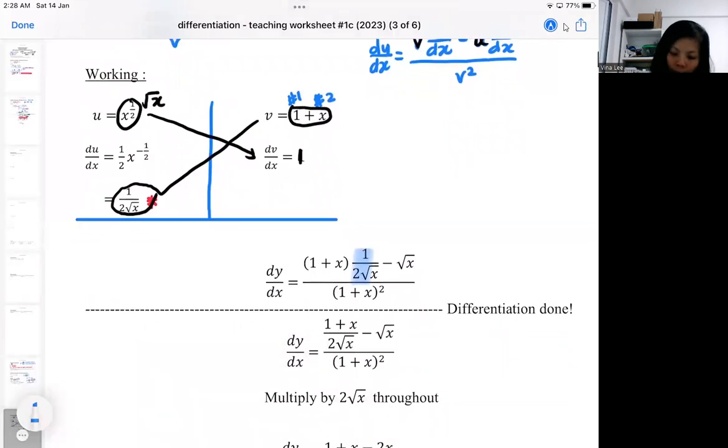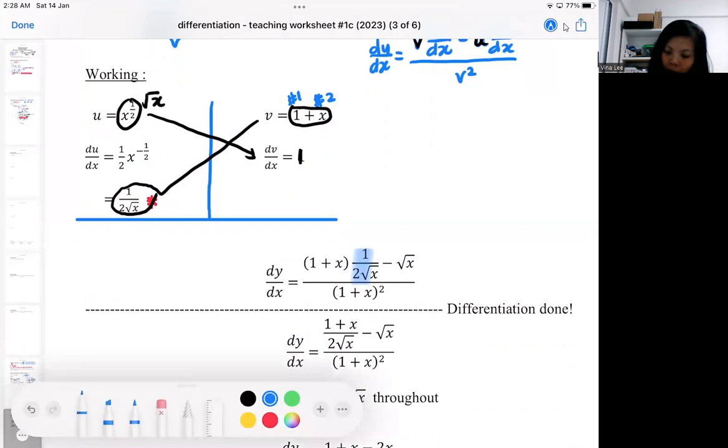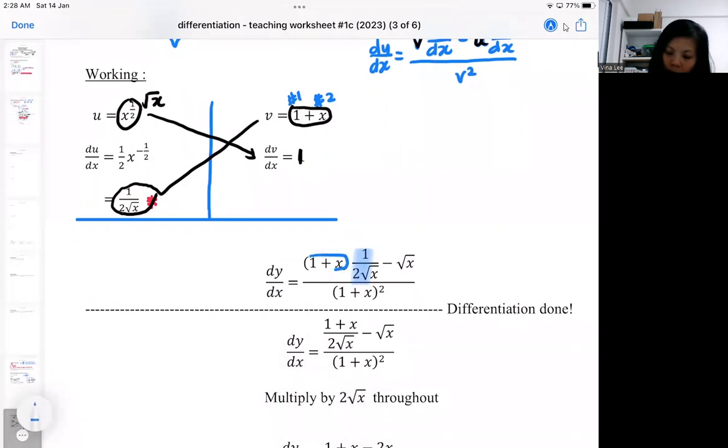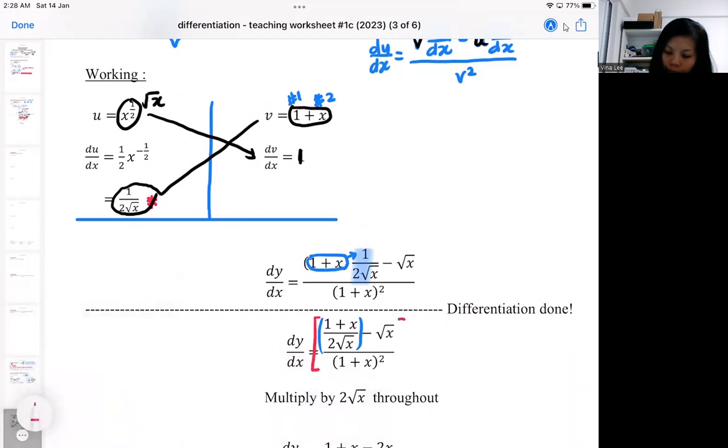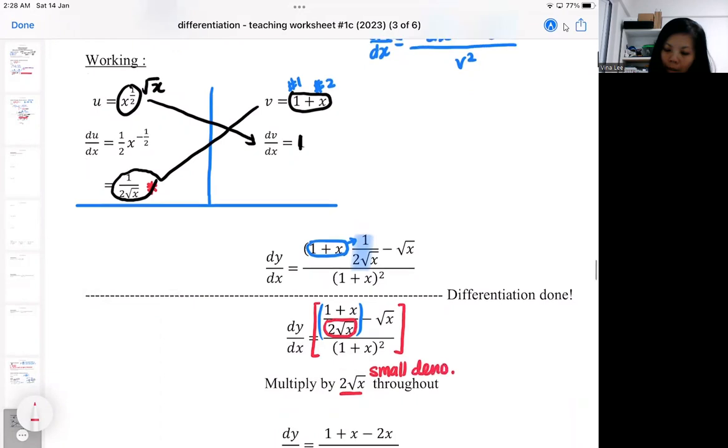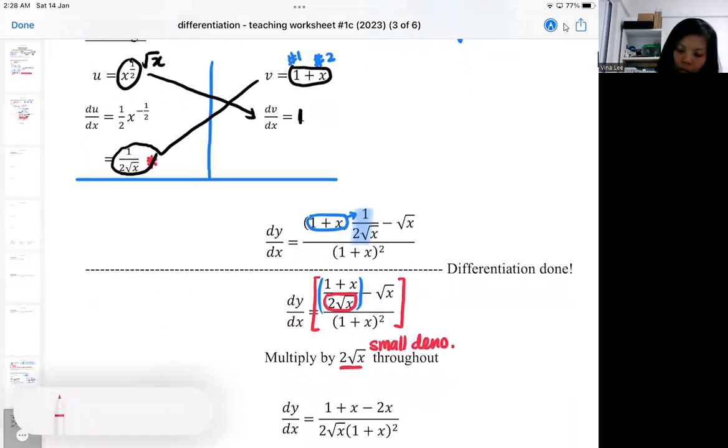Before we apply the technique, make sure this follows the numerator. You actually got a small fraction within a big fraction. So you multiply by the small denominator. This is what I call the small denominator. What do I mean by multiplying throughout? Let me show you.